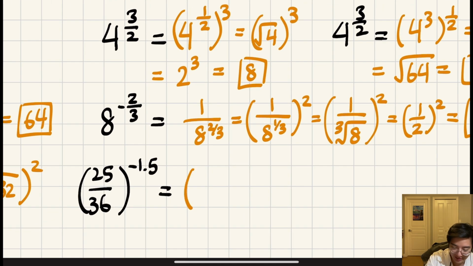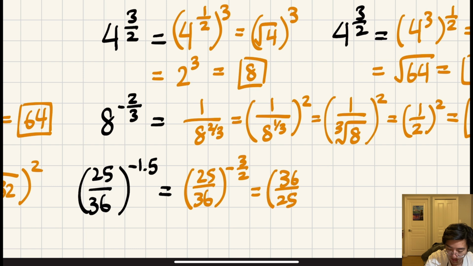Okay, let's do another one. 25 over 36 to the power of negative 1.5. The negative 1.5 as an improper fraction, we get negative 3 over 2. Okay, so let's get rid of the negative sign first by flipping the fraction upside down. So 25 over 36 becomes 36 over 25 to the power of 3 over 2.